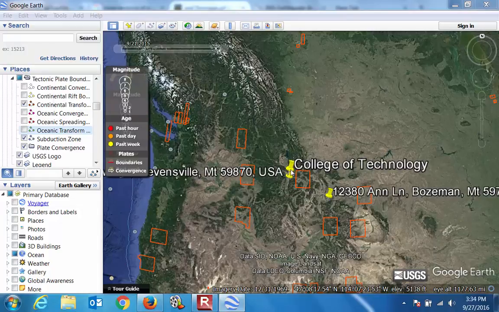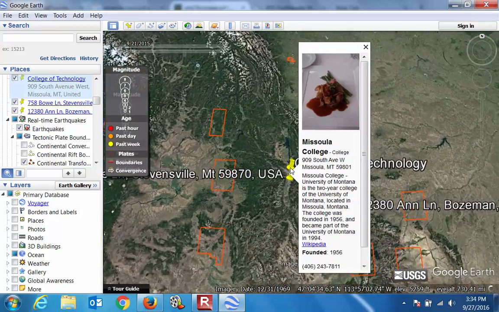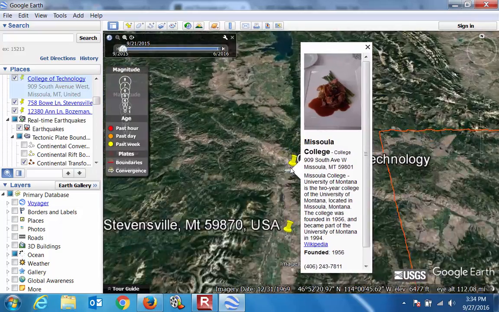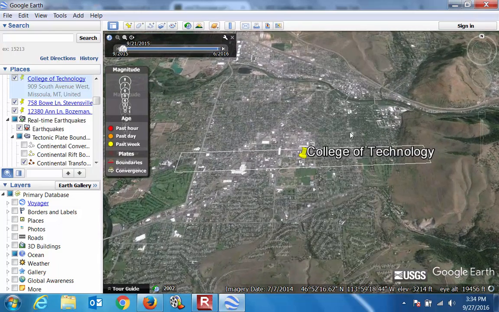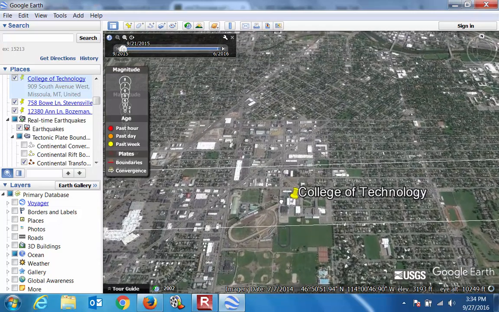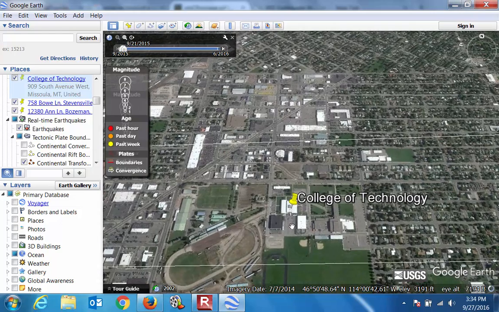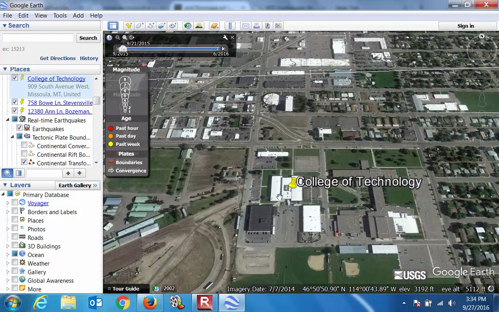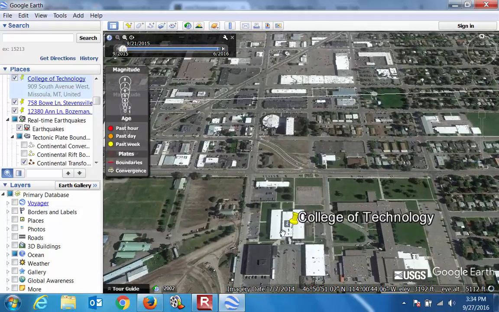But you can have a little fun with your Google Earth also. Missoula College, what's that all about? Won't be long for this will be the new Missoula College.